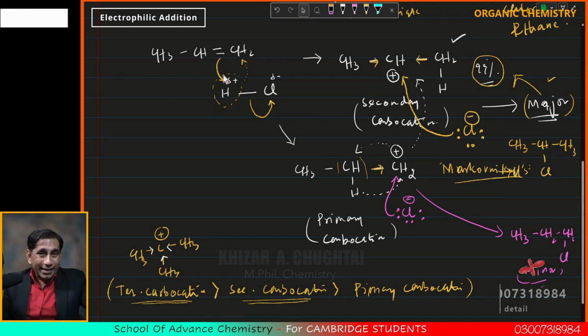If they are asking for the major compound, this hydrogen will go to the carbon that already has more hydrogens. If they are asking for the minor product, this hydrogen will go to the carbon that already has less hydrogen.